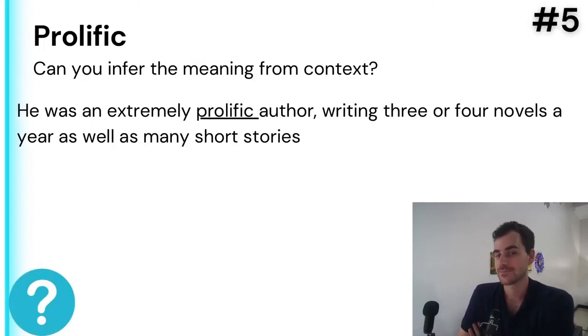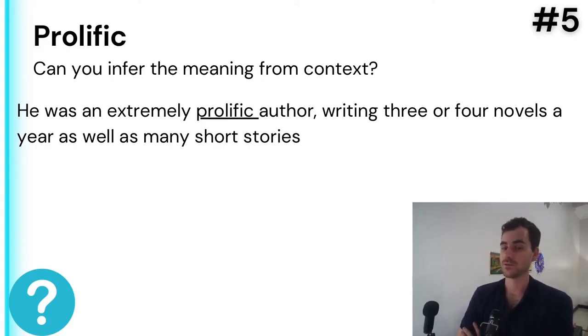Prolific. He was an extremely prolific author, writing 3 or 4 novels a year, as well as many short stories. What kind of word is prolific? It's an adjective because it describes a noun. He's a prolific author. And the second part of the sentence tells us more information about him as an author.